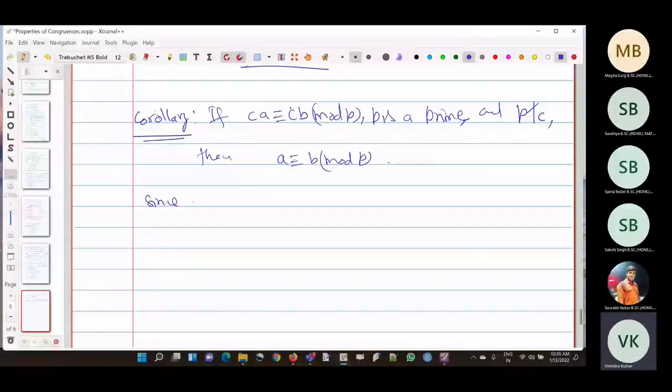Since P does not divide C, P and C are relatively prime.